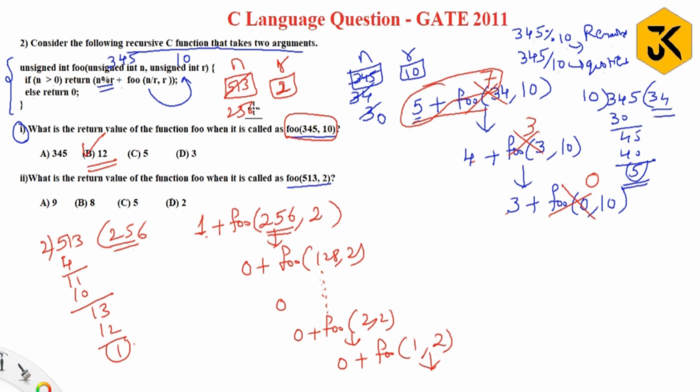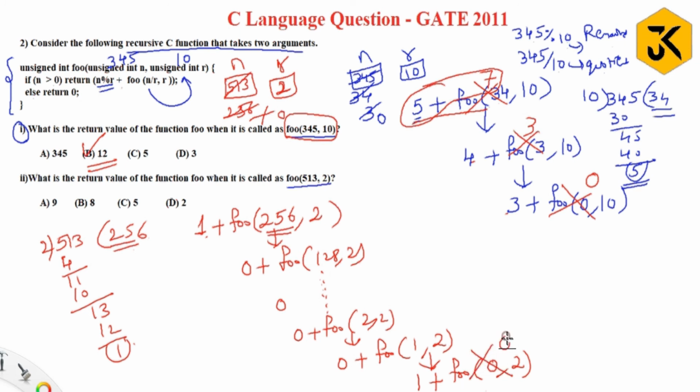Now foo(1, 2) means now n value is 1, r value is 2. Is 1 greater than 0? Yes, again. What is n modulus r now? n modulus r is 1 plus foo of n by r, that is 0 comma 2. In foo(0, 2), n value is 0 now. Is n greater than 0? No, it returns 0.